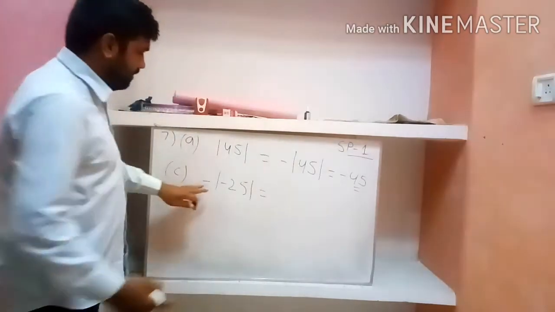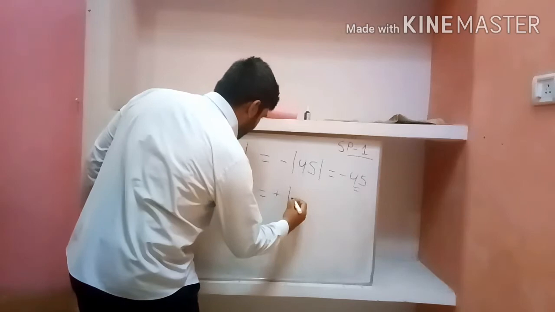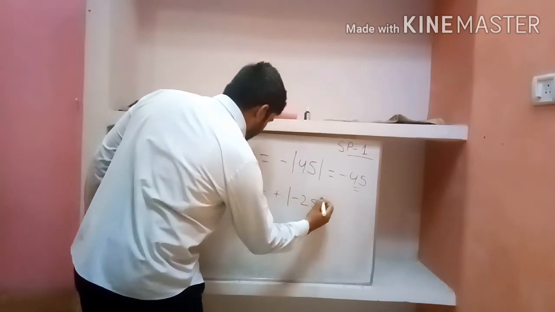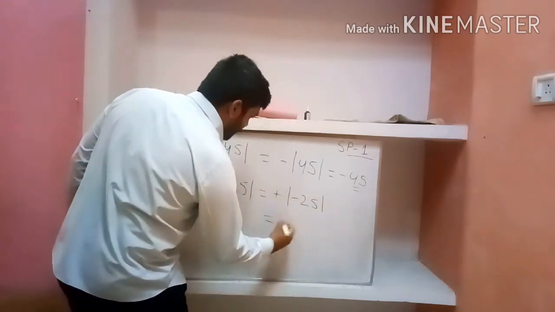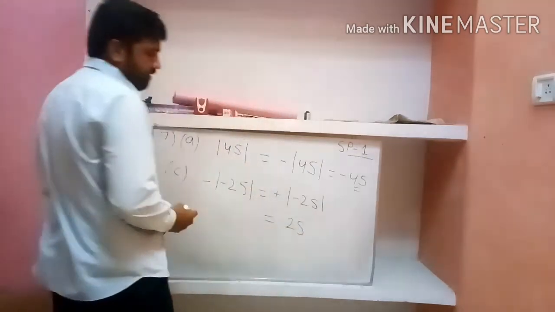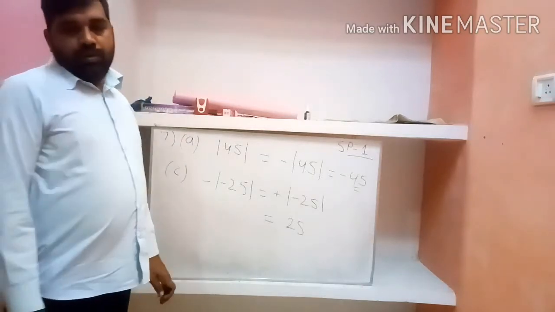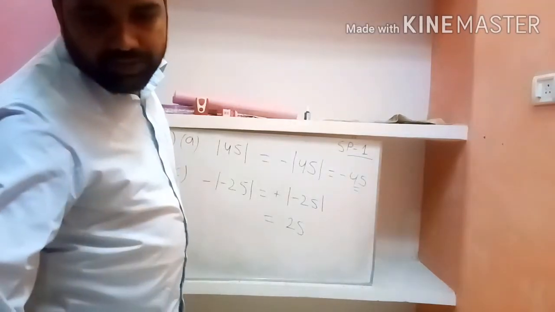Remove this minus, it will be positive. Now the plus modulus, the absolute value of minus 25, gives you 25. Like this. Now move to the next question.